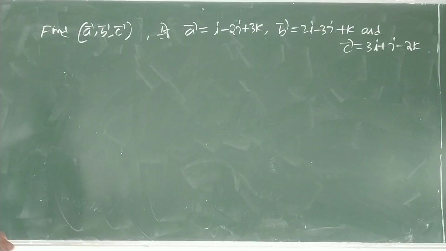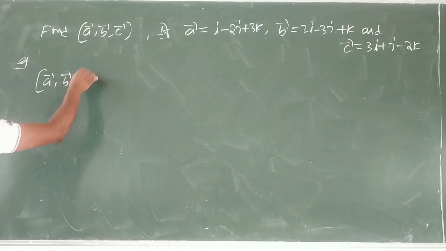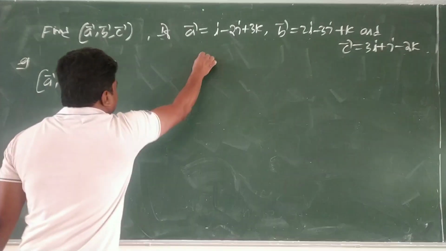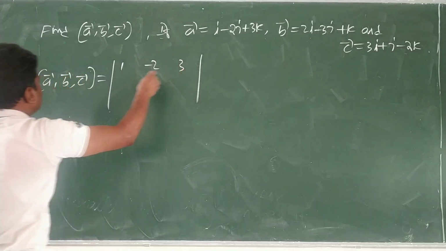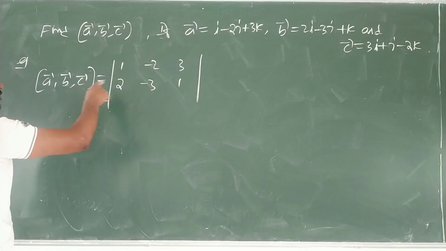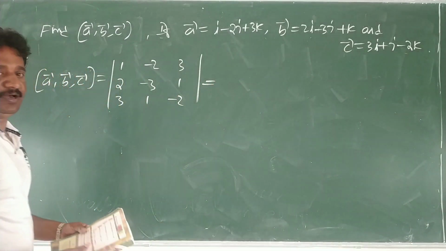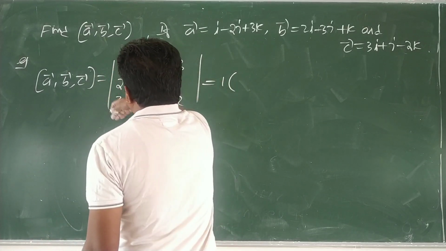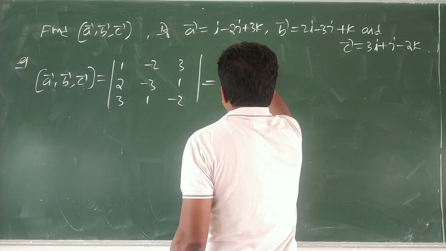Find box ABC. Solution. Box ABC means finding the determinant value. So tell me the components of vector A: 1, minus 2, 3. Components of vector B: 2, minus 3, 1. Components of vector C: 3, 1, minus 2. Expand it. 1 into first row, first column: 3 2s are 6, minus 1.